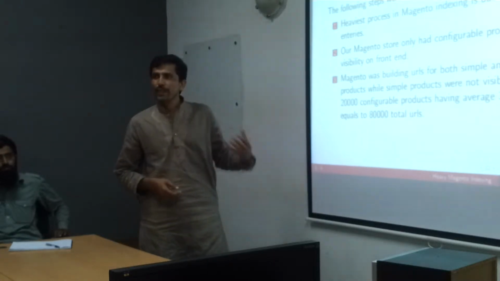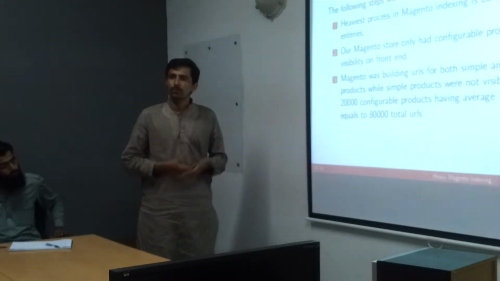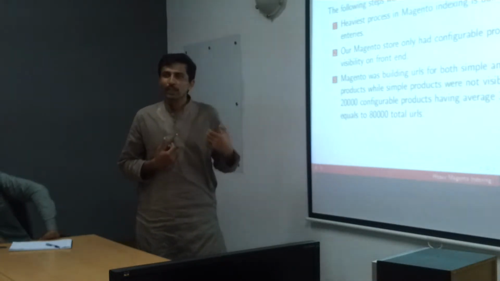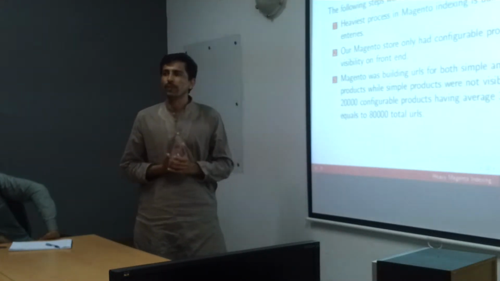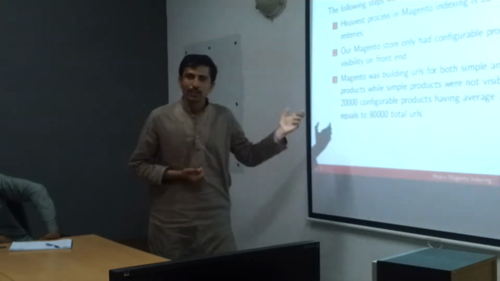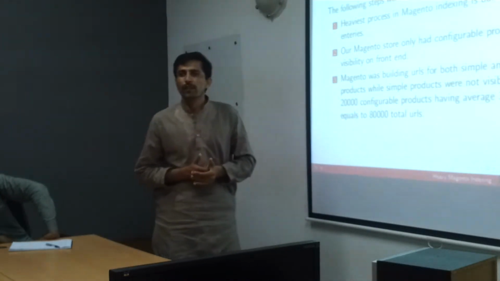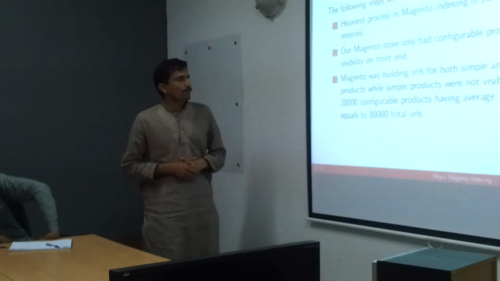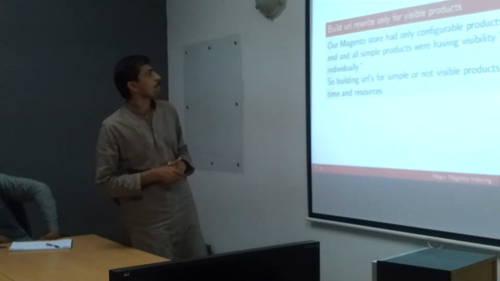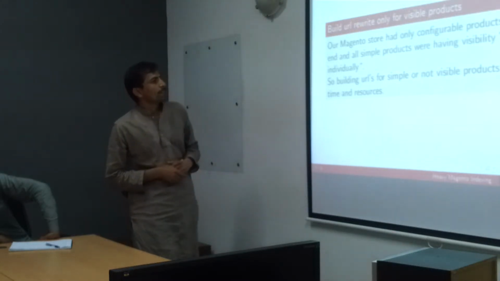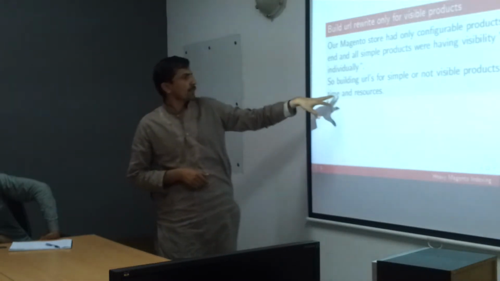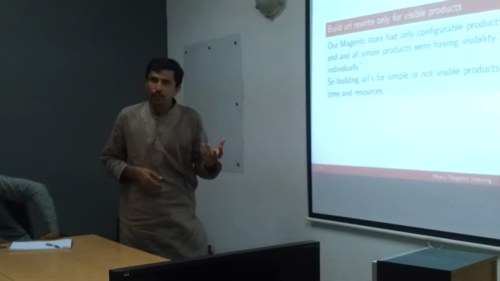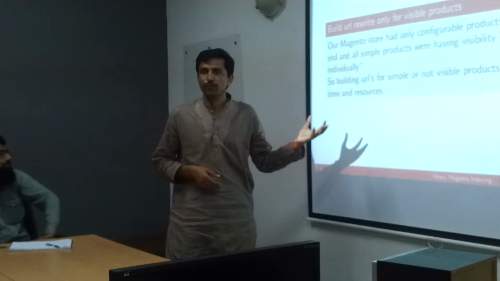You have to generate 80,000 URLs to display your products on the front end. Actually, you are displaying only 20,000 product pages on the front end and you are generating 80,000 URLs for them. So building an extra 60,000 URLs was a waste of time and resources.